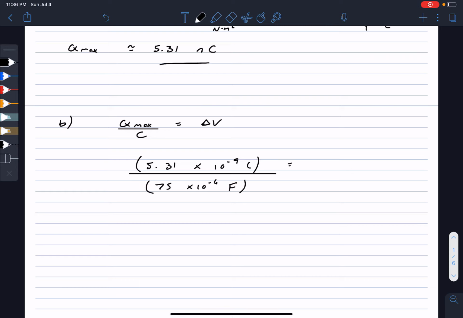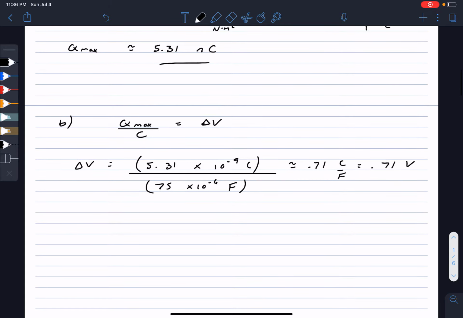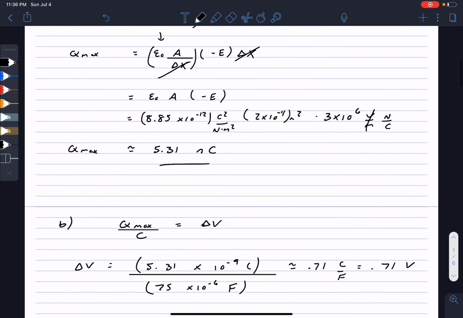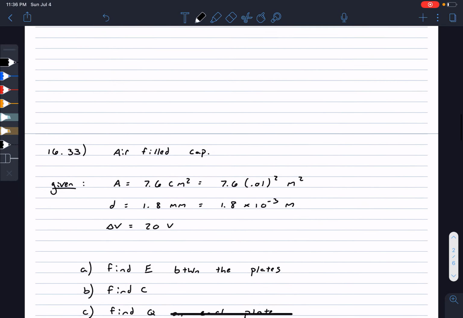And that's going to equal about 0.71 coulombs over farads, which is the same as saying volts. So that's the potential difference. Great. Moving on to the next problem.